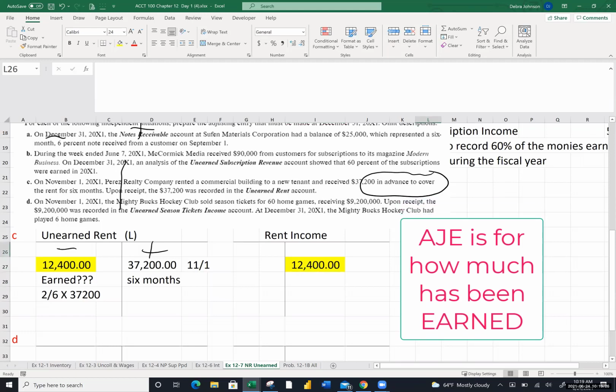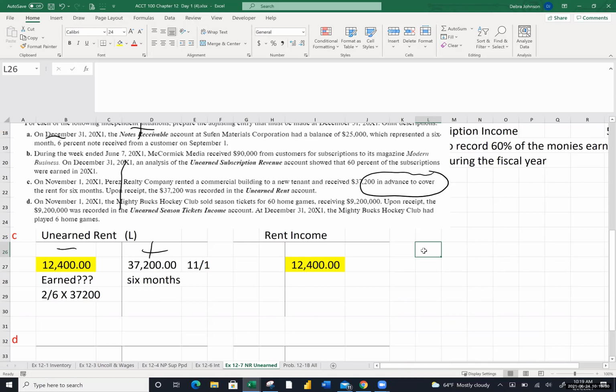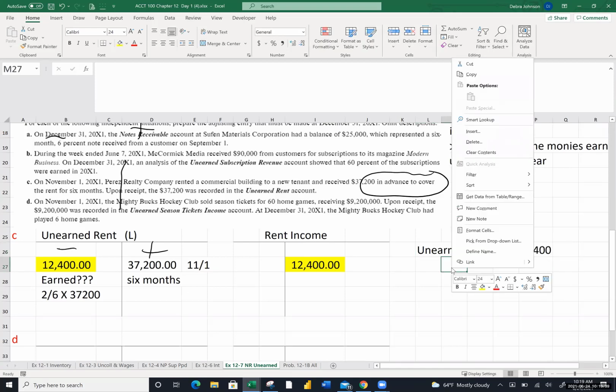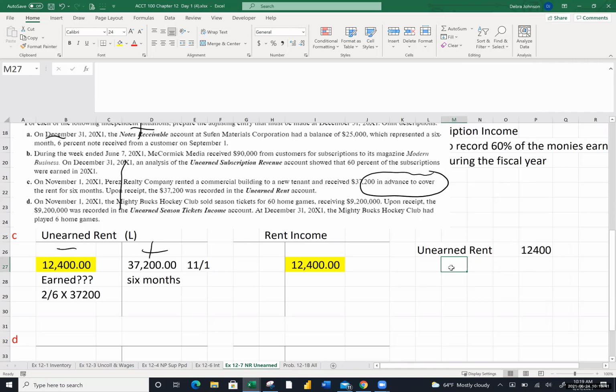So let me write that journal entry down. We're visually looking at it. What we just did is take it out of the unearned rent, which is a liability account, and put it into the regular old rental income.